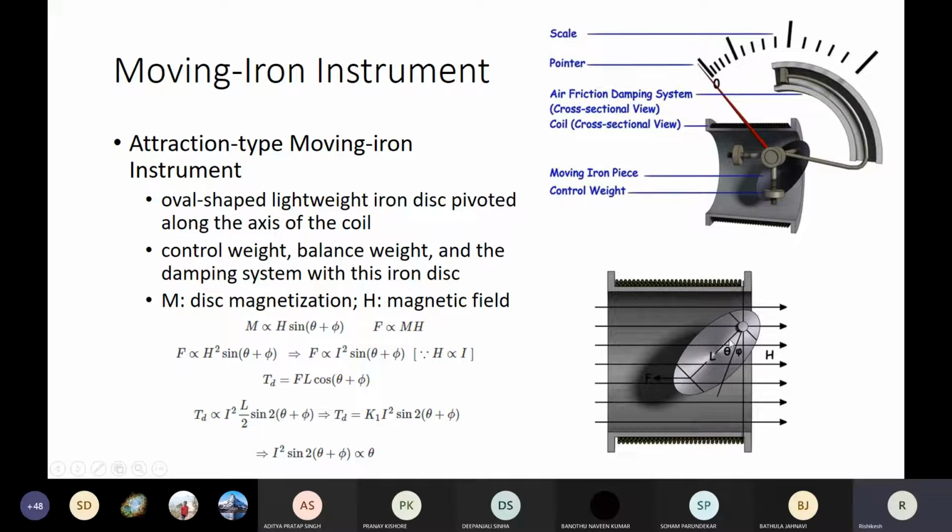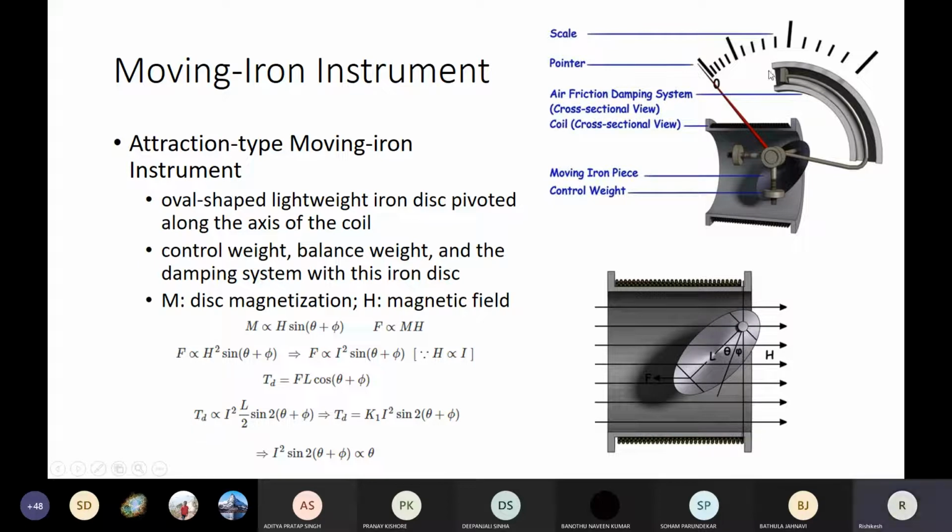L is the distance between the point of application of force and the axis of rotation, right? This is the distance L. Now, since force is proportional to I square, torque is clearly proportional to I square, isn't it? So this torque is the deflection torque.